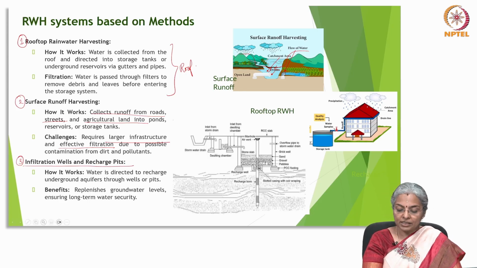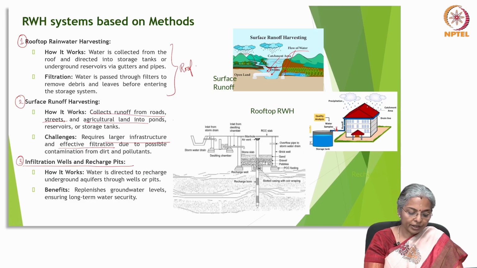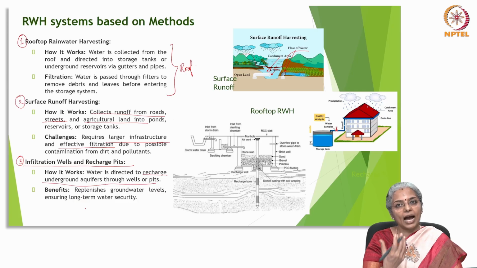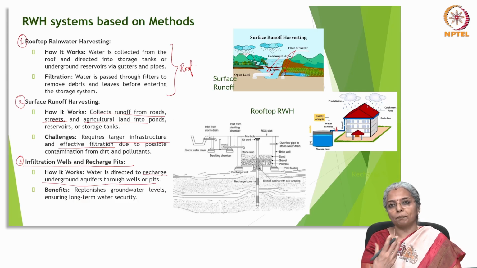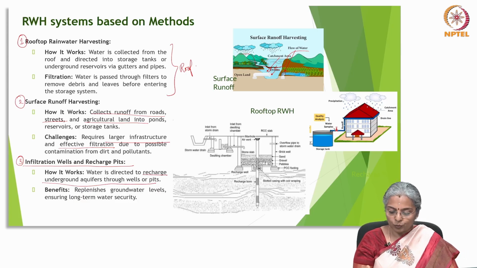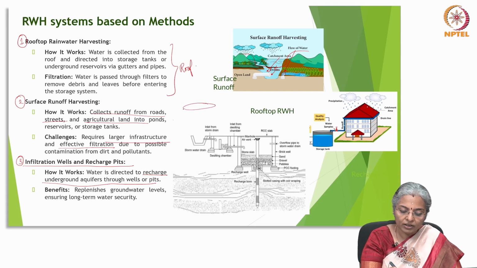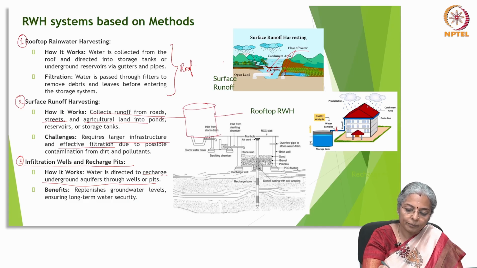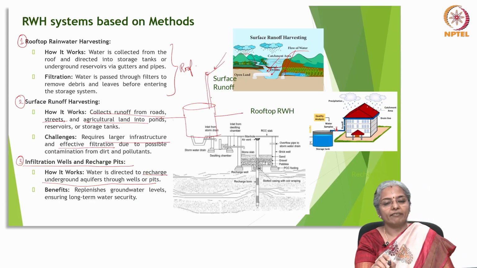And then the third is the infiltration well and recharge pits. Here you direct the water into recharge pits or underground aquifers, either through wells or pits. Easiest in villages, what they would do is, if you have a well, they would let the rainwater from the terrace fall into the well, or get into the well even through piping.